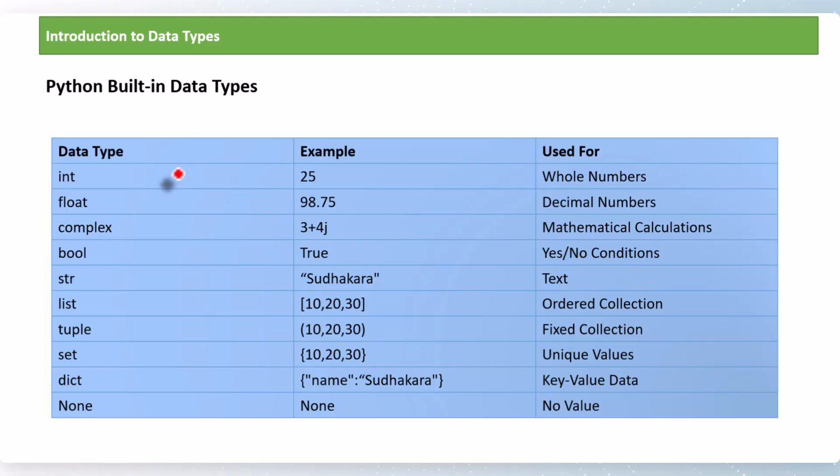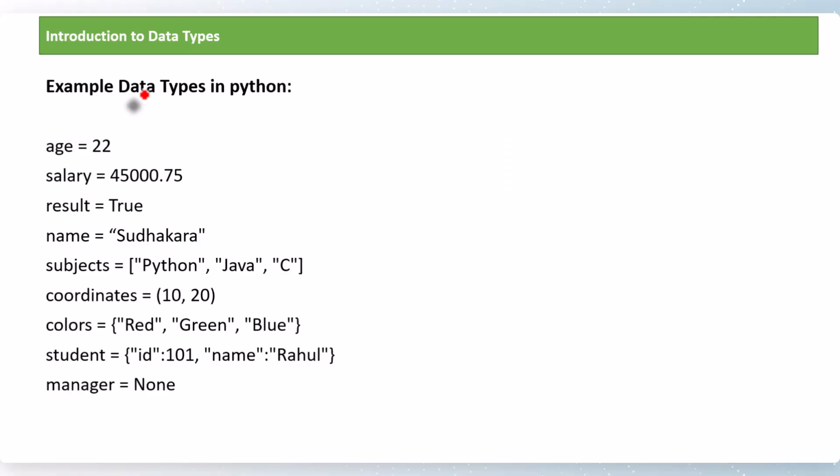I am just going to show you what are the different built-in data types. Built-in means already available, pre-defined data types. Now let us see some examples here. Age equal to 22, salary equal to 45,000.75. This is one kind of data. This is another data type.